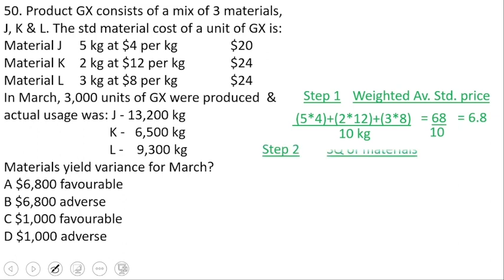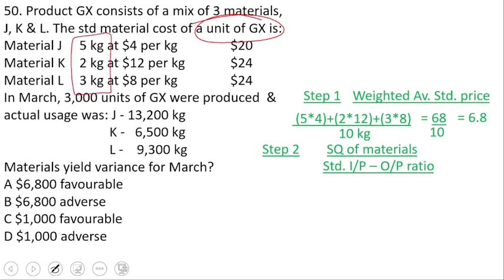Now, step 2 is a calculation of the standard quantity of materials required for the actual output of 3000 units. So first we have to take note of the standard input output ratio. For 1 unit of output, we need 10 kg of raw materials. So that's the input output ratio. For 10 kg of raw materials or input, we get 1 unit of output.